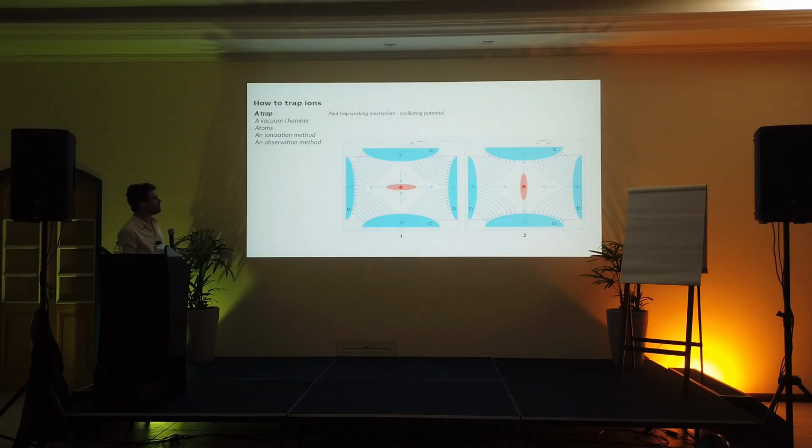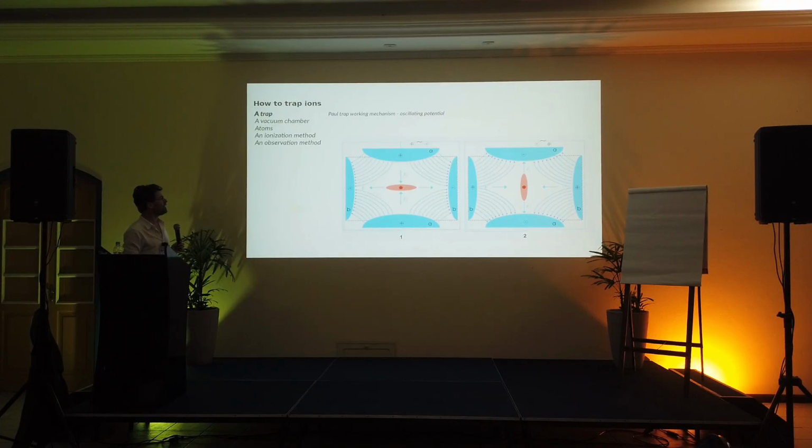The first thing you need is a trap. Ions are charged, but because of Earnshaw's theorem, there's no way we can generate a configuration of static potentials that can hold the ions in one position. So Wolfgang Paul came up with a nice method.